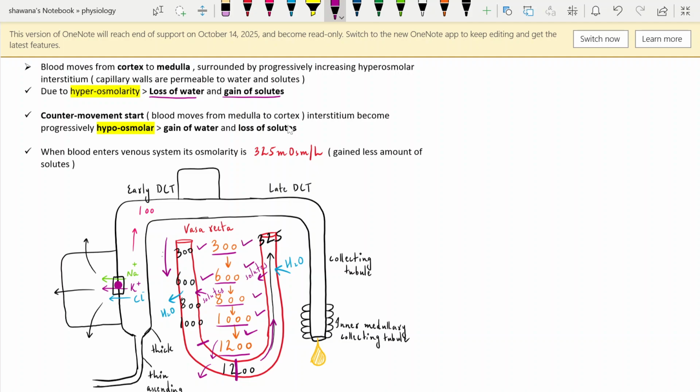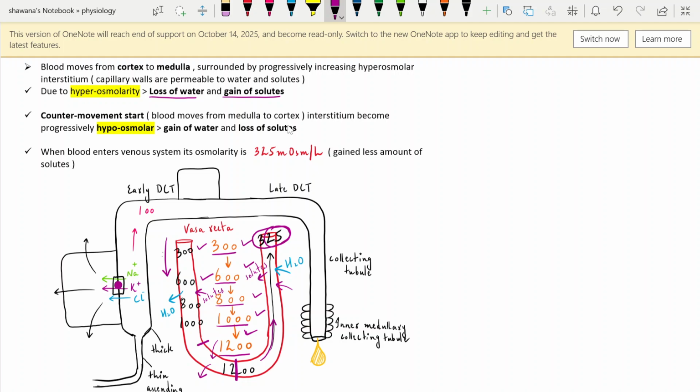As we know that capillary walls are permeable to water and solutes, they start to lose solute and gain water, and they become more hypoosmolar. And when the blood exits, its osmolarity is about 325. It means that it has only gained 25 in terms of solutes, a very small portion.